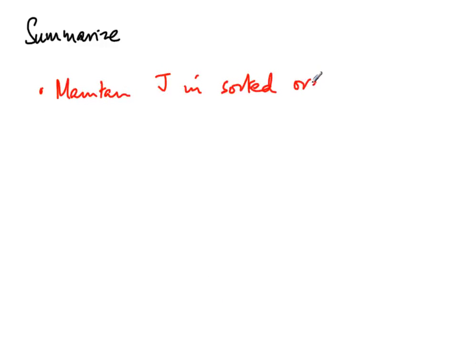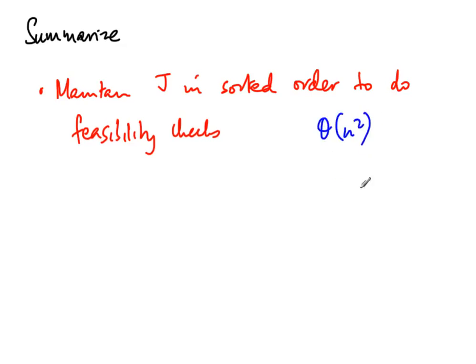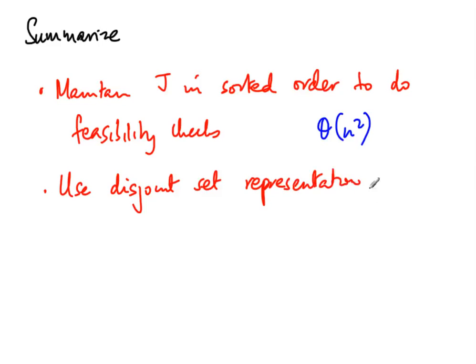So to summarize, if we maintain J in sorted order to do feasibility checks, then the overall algorithm takes theta n squared. If we use disjoint sets, then we bring it down to O of n times alpha of 2n comma n, where this is the inverse Ackermann function.